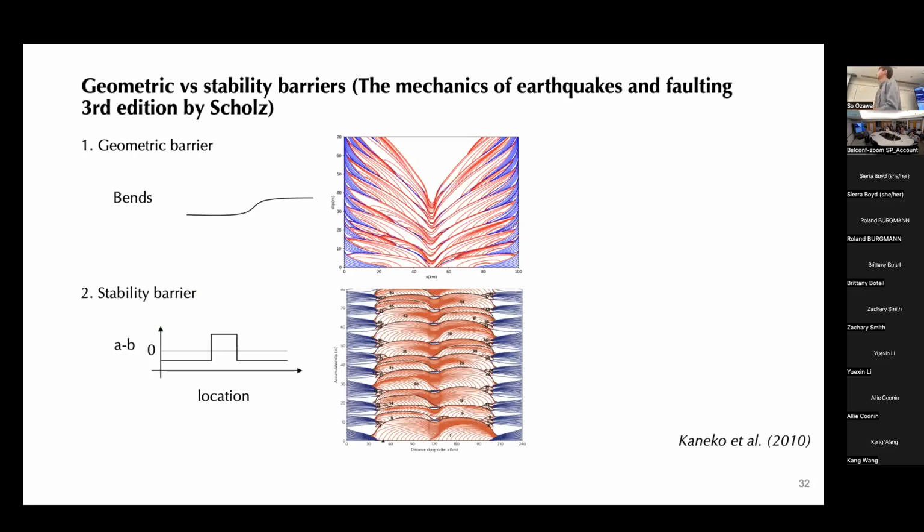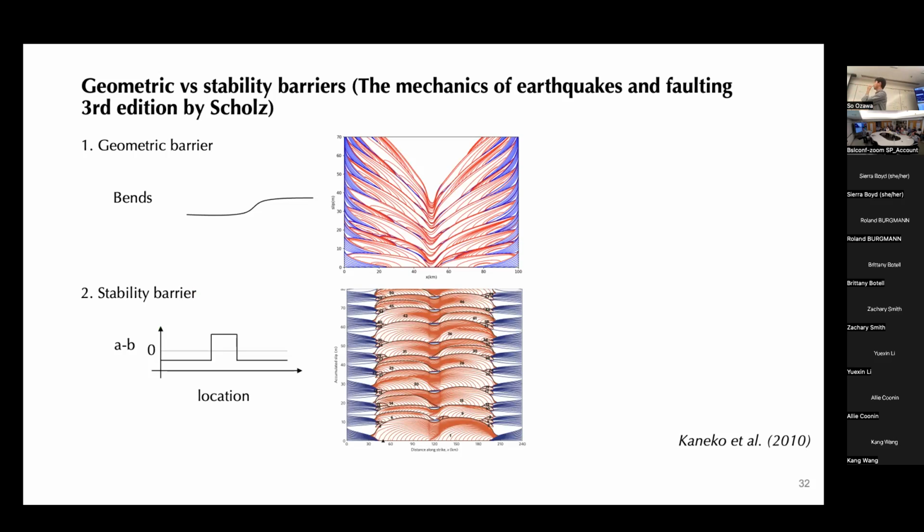This is the final point that I want to make today. If you read the third edition of the textbook by Scholz, The Mechanics of Earthquakes and Faulting, he defined two different types of barriers: one is the geometric barrier, the other is the stability barrier for rupture propagation.